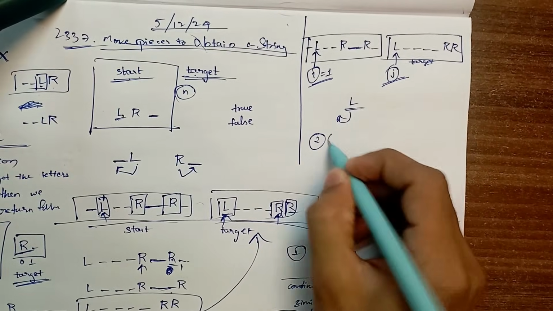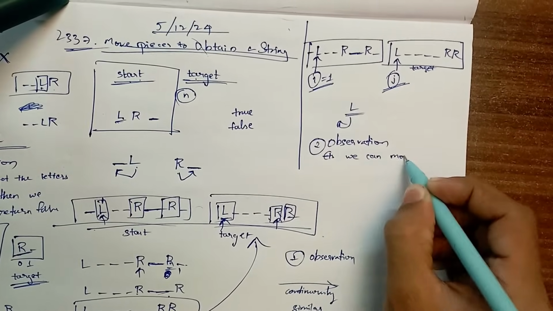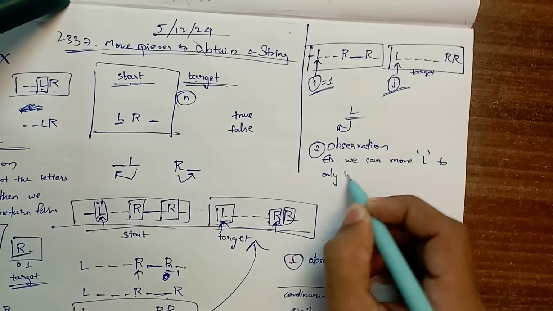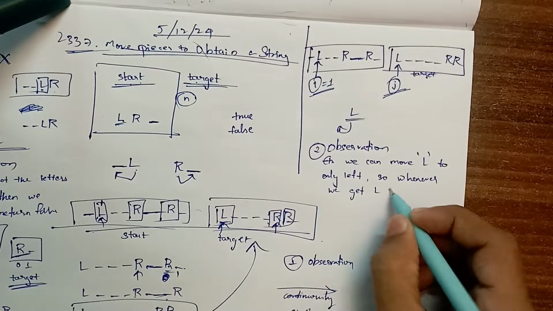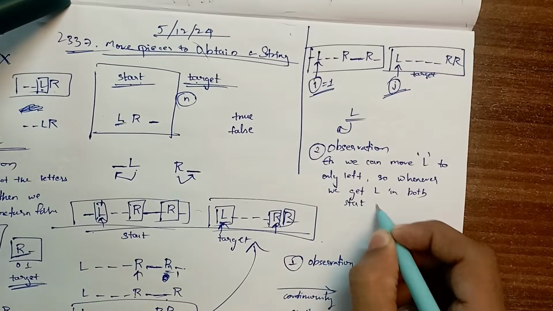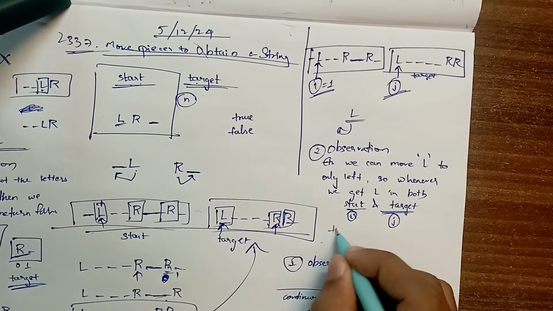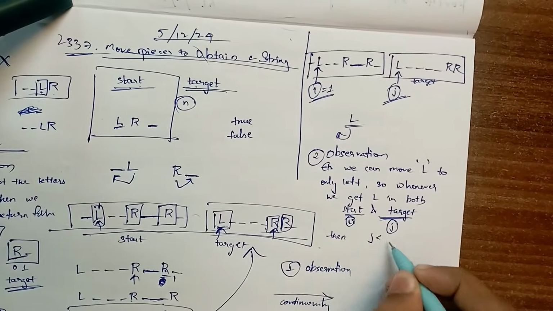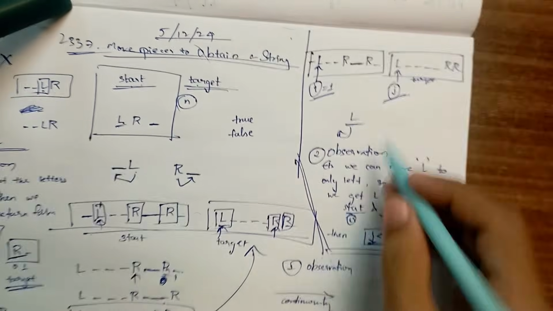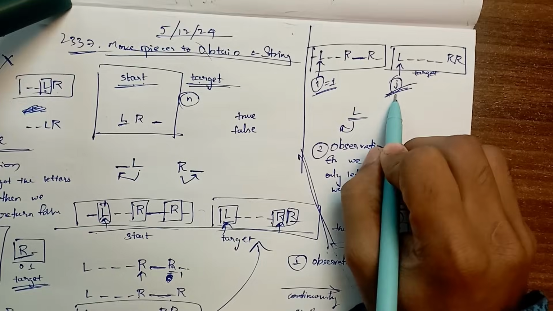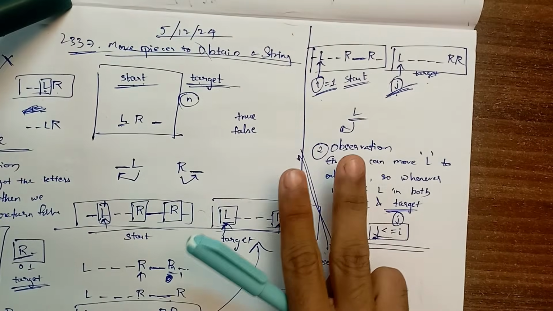So the second observation here is, as we can move L only to the left, whenever we get L in both start and target, here it is I and here it is J, then J should be less than or equal to I. That means the position at which L is found in target should be less than or equal to the position at which we got L in start.